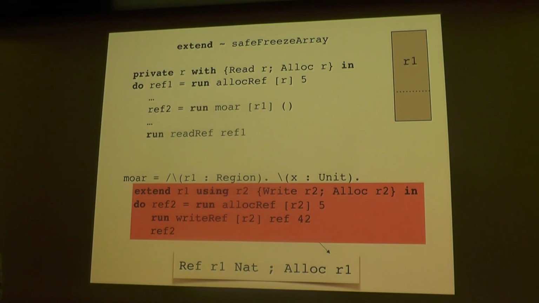Closures are also allocated in regions? Or do they have a special region that's closed? So as a design decision, I decided that there will be a top level region which just exists forever, and closures are allocated into the top level region.